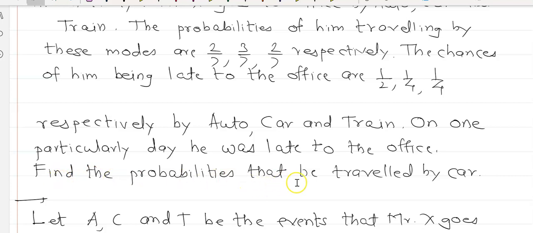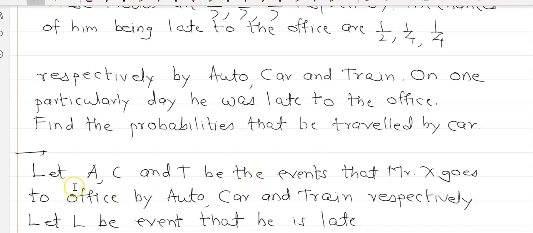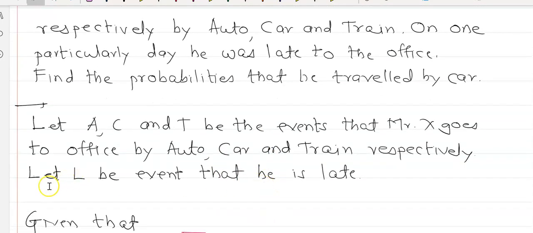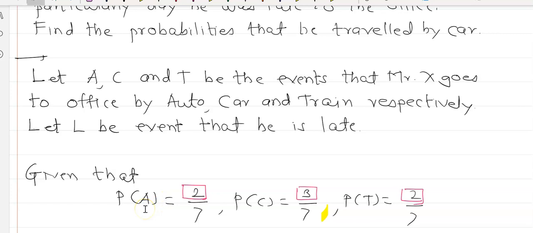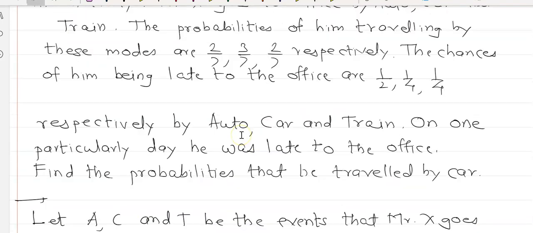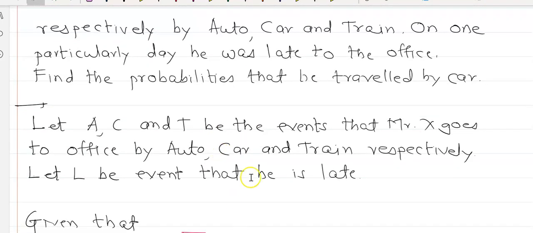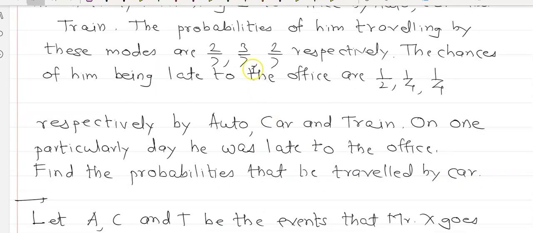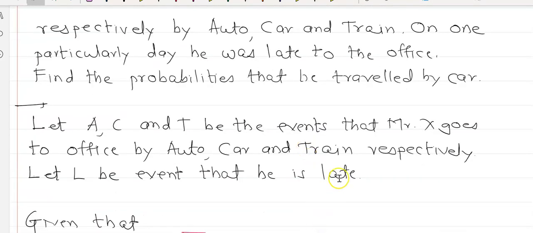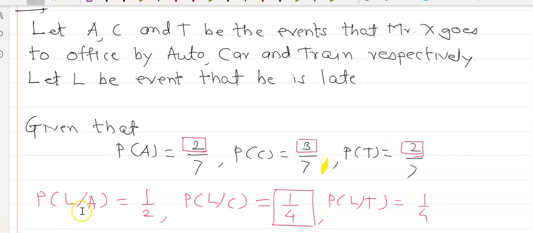Find the probability that he traveled by car. Now A, C, T are the events that Mr. X goes to the office by auto, car and train respectively. Let L be the event that he is late. Now the probability of auto is 2 by 7, car is 3 by 7 and train is 2 by 7.